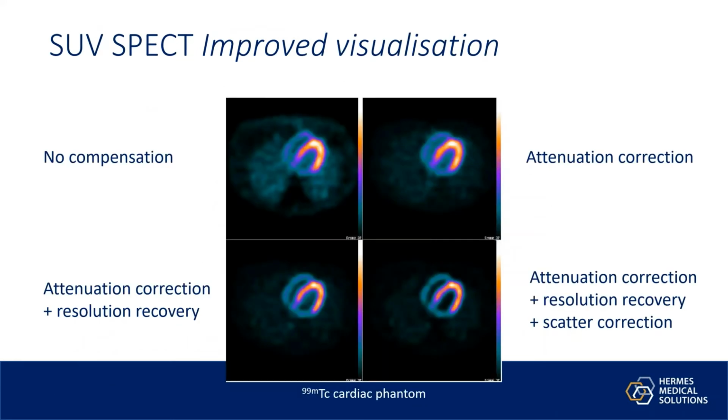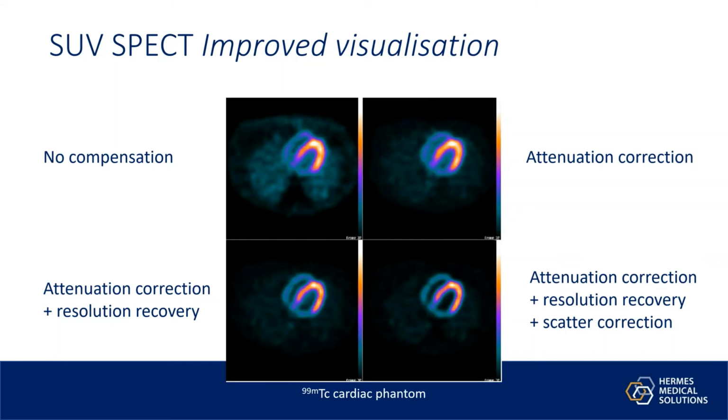Okay, having a look at what these corrections that we spoke about actually do to the image. This is a technetium cardiac phantom. In the top left image, we have no corrections applied. The top right, attenuation correction applied.